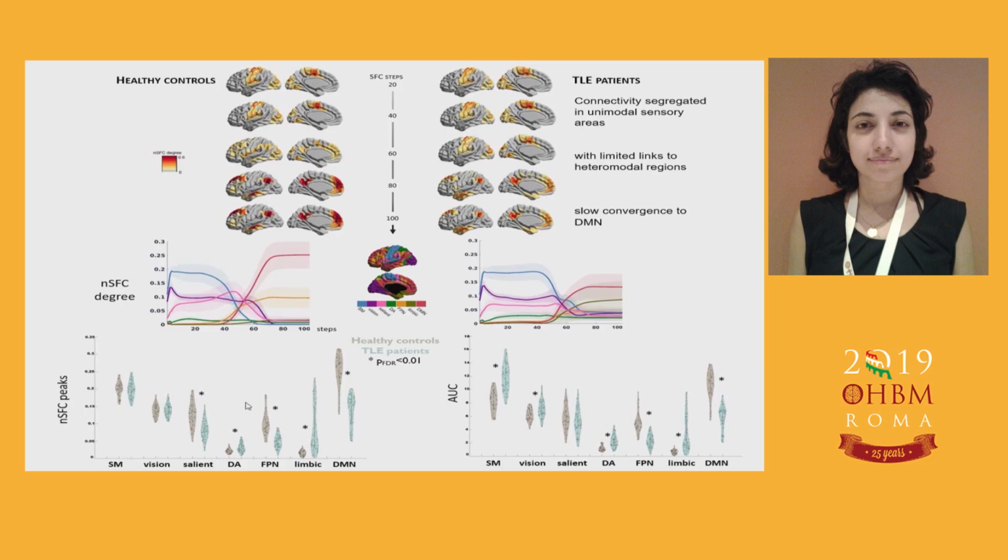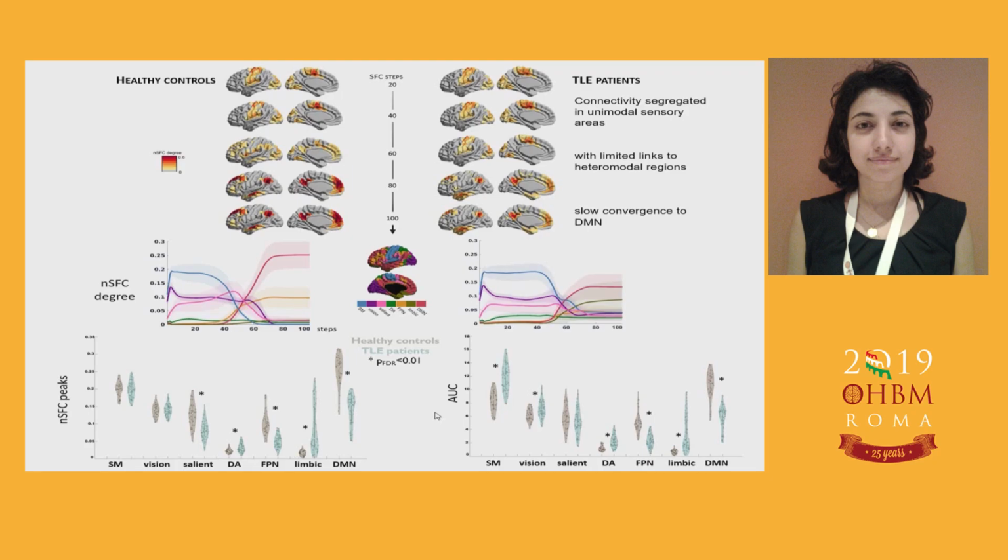I'm explaining the results that survived correction for multiple comparisons using FDR. Basically, we found that TLE patients had lower peak of connectivity in salience, frontoparietal network and DMN, and higher peak of connectivity in dorsal attention and limbic networks.